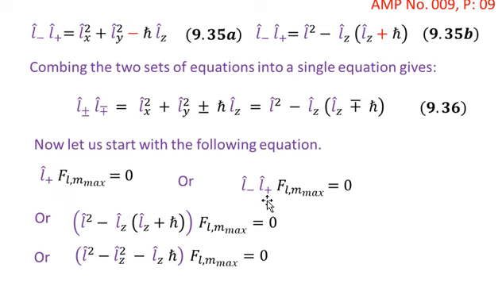So L minus L plus operating on f l, m max will give you 0. Now I am going to substitute the value of the L minus L plus operator from equation number 9.36. So this is what I have used over here. L minus and L plus have been expressed in the parentheses in the form of the L square operator.